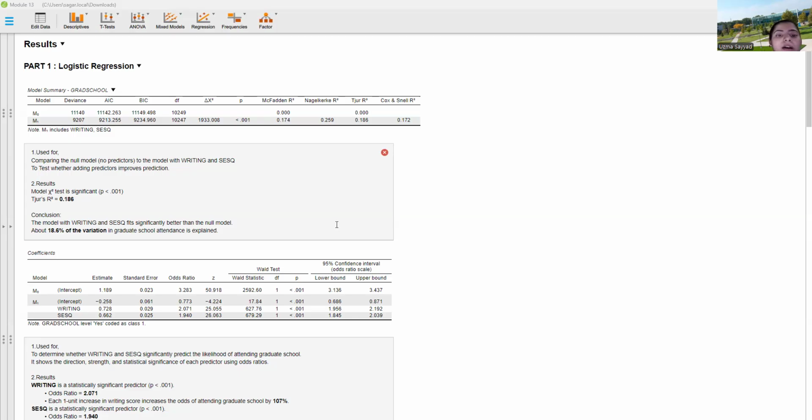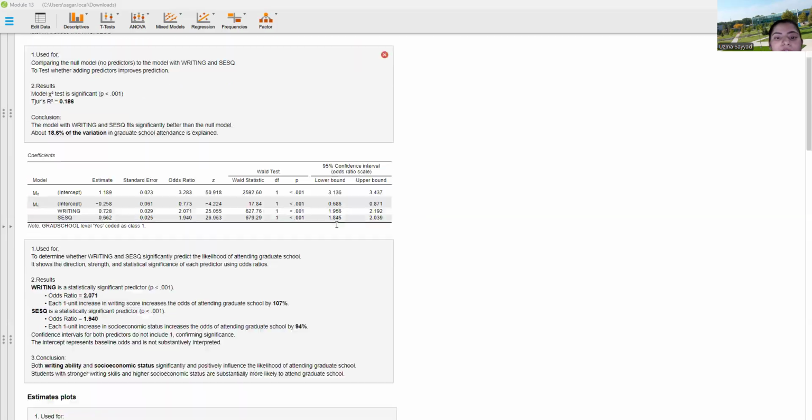Next, I will interpret the coefficient table, starting with writing. Writing has an odds ratio of 2.071 with a p-value less than 0.001. This means that for every 1 unit increase in writing score, the odds of attending graduate school increase by 107%, holding socioeconomic status constant.